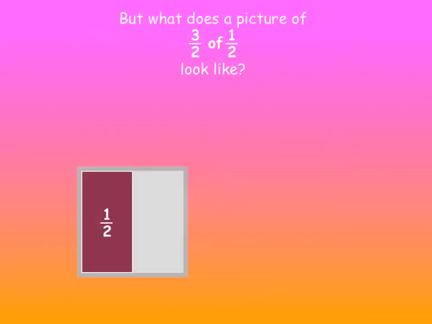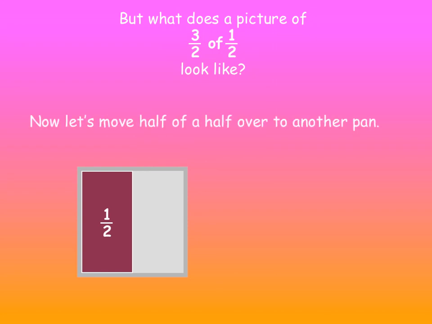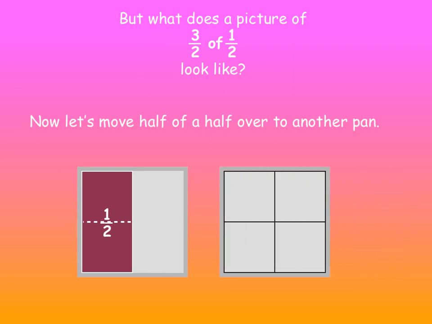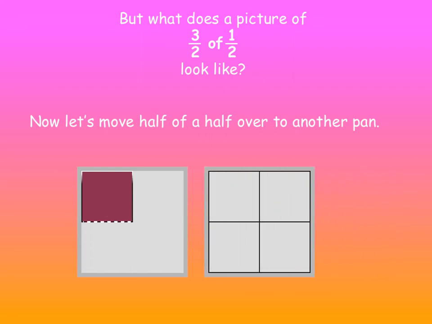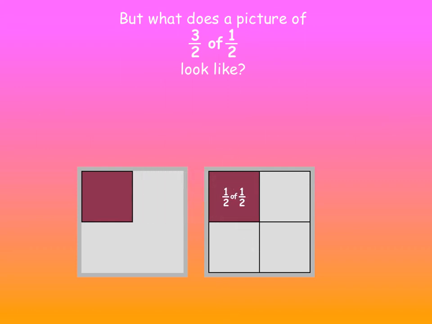But what does a picture of 3/2 of 1/2 look like? Well, let's start with 1/2. Now, let's move half of a half over to another pan. So first we have to cut that half in half. Bring another pan ready. There's half of a half, and we'll move it over there. Half of a half. Let's do it again.